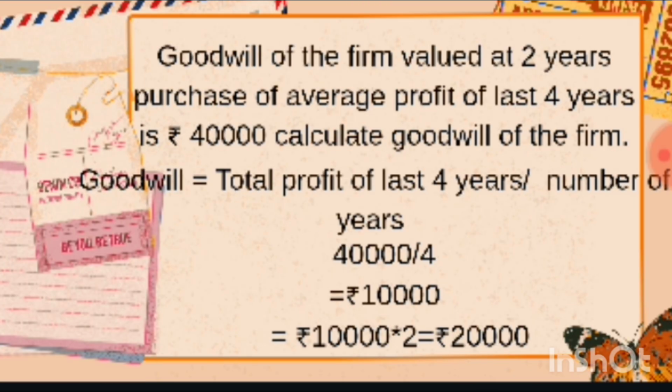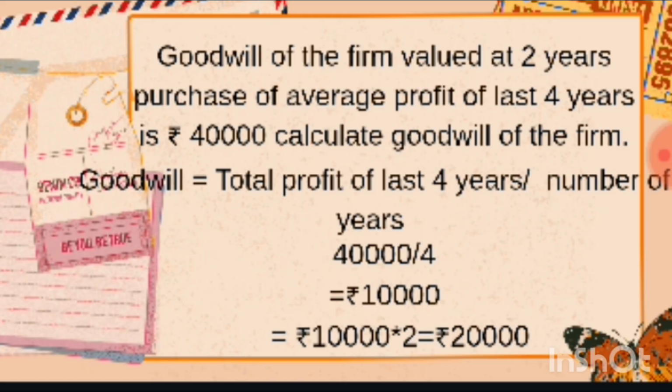Let's consider one example. Goodwill of the firm is valued at 2 years purchase of average profit of last 4 years. That is given as rupees 40,000. You are asked to calculate goodwill of the firm under average profit method. So goodwill is equal to average profit, which is total profit of last 4 years divided by number of years.